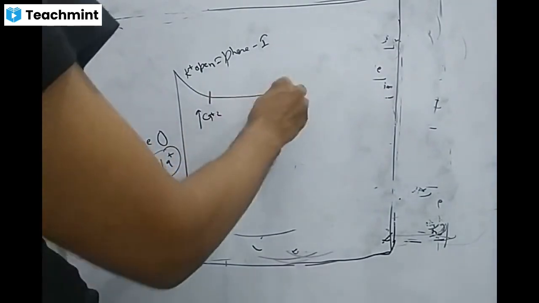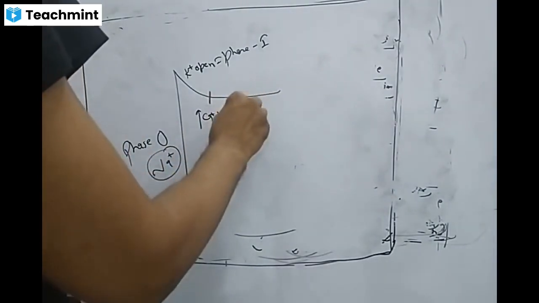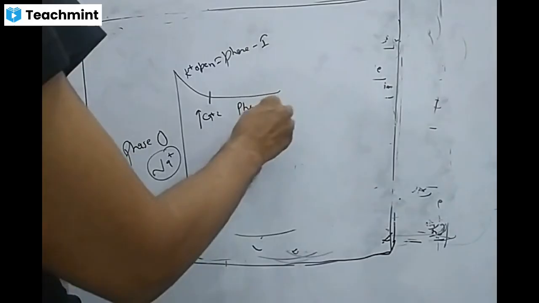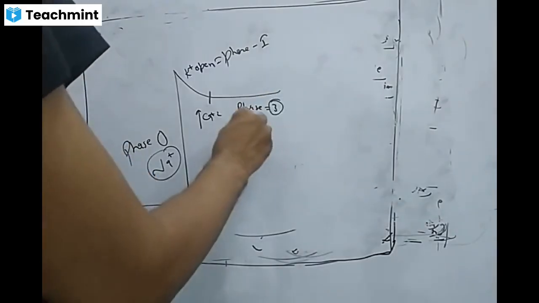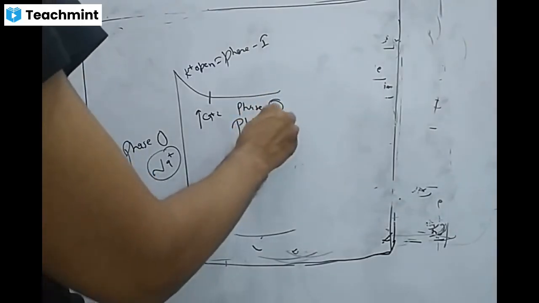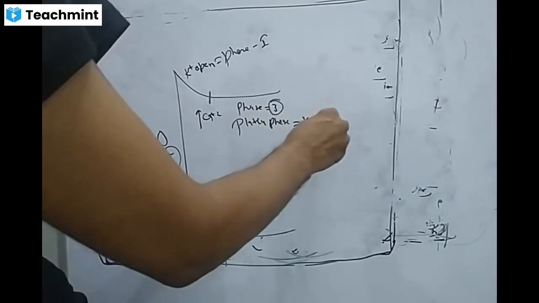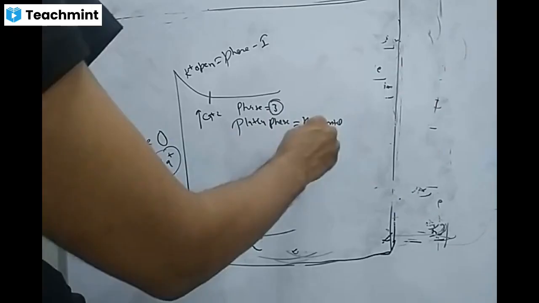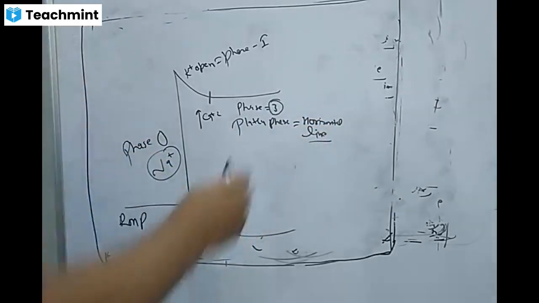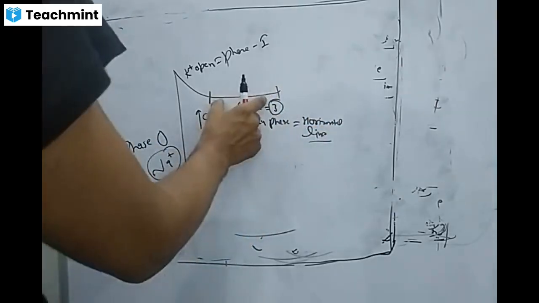So you will find there is phase 2, which is also known as plateau phase. Plateau means there is one horizontal line. Why is this line horizontal?